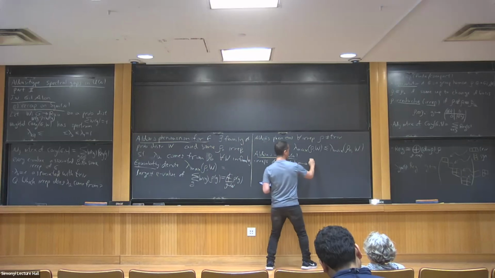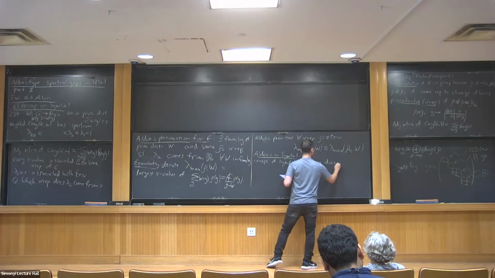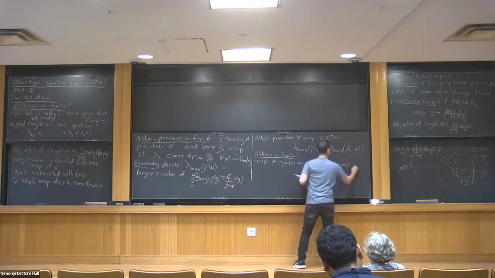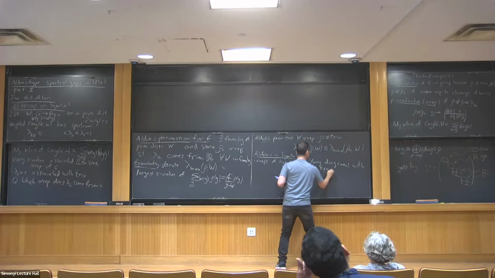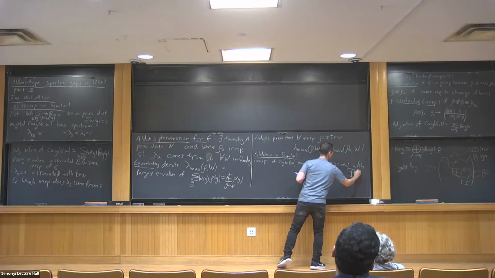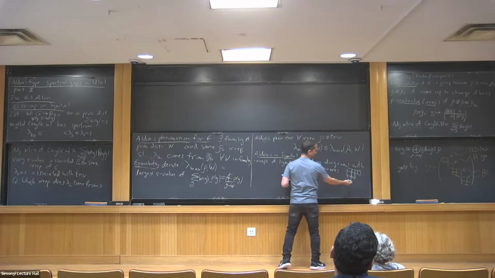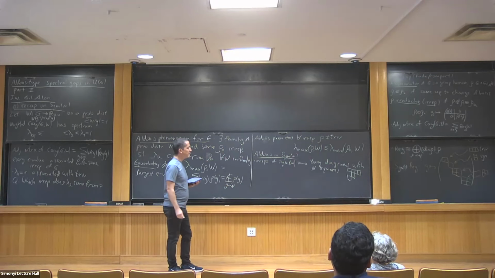They correspond to Young diagrams. So this is a name for a representation of the symmetric group on 7 elements.